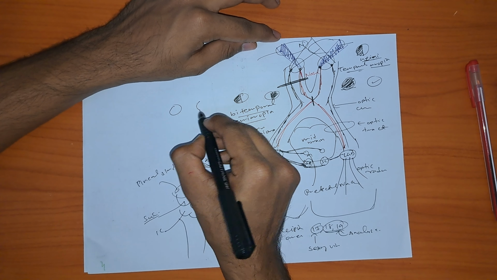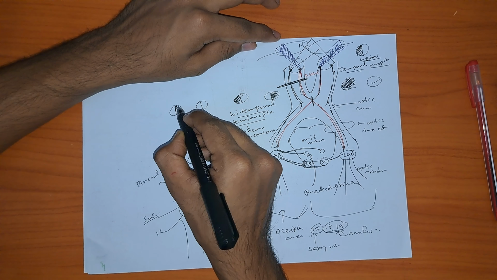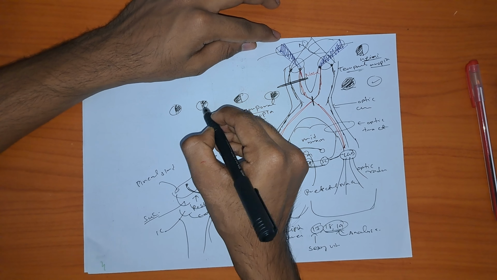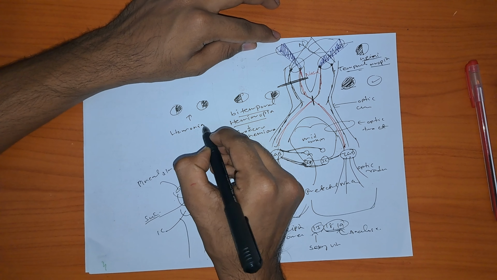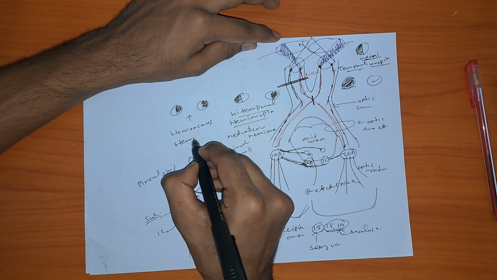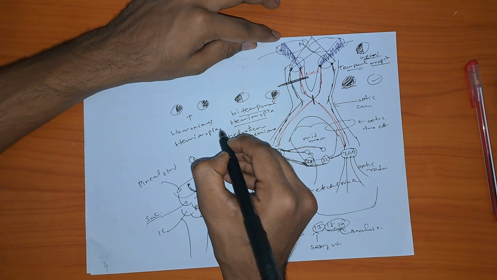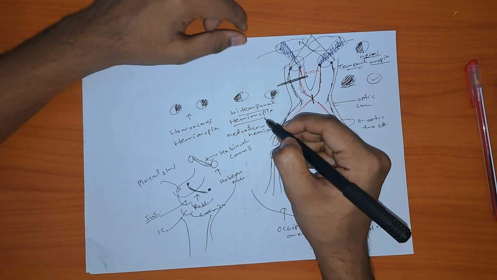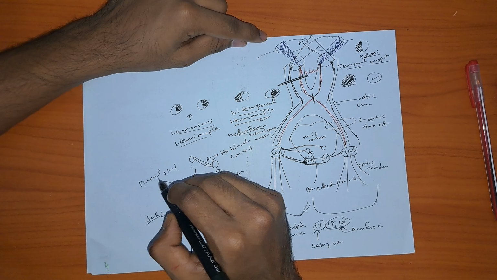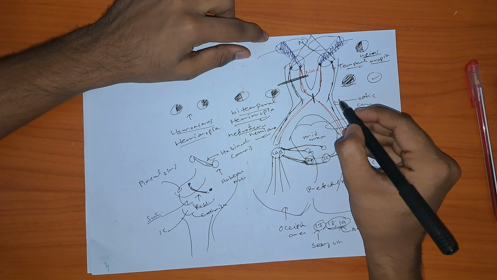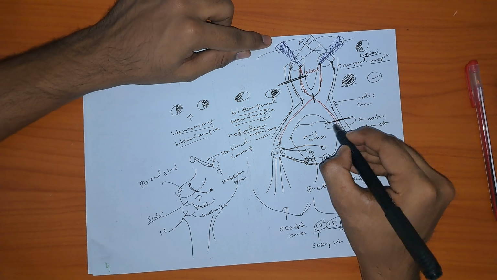So then what is homonymous hemianopia? Suppose there is a condition like this. This is called homonymous hemianopia. So this is bitemporal hemianopia, or heteronymous hemianopia. This is the homonymous hemianopia. Suppose we have a lesion here in the optic tract.